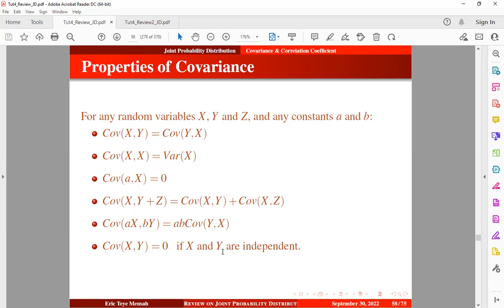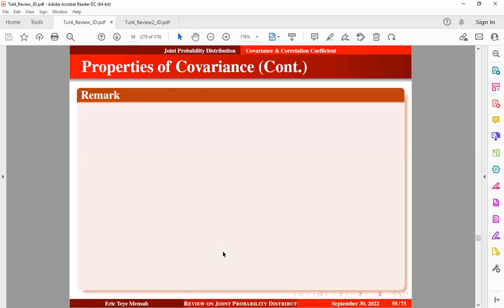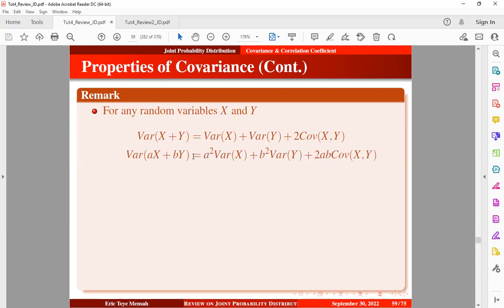All right, so let's take a look at this framework. For any random variables x and y, the variance of x plus y can be expressed in this form. And also the variance of ax plus by can be expressed in this form.